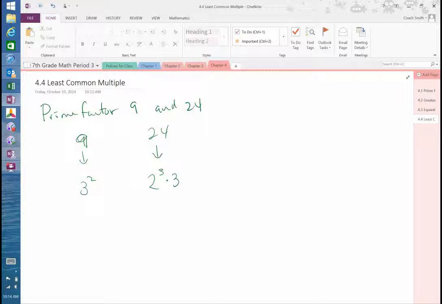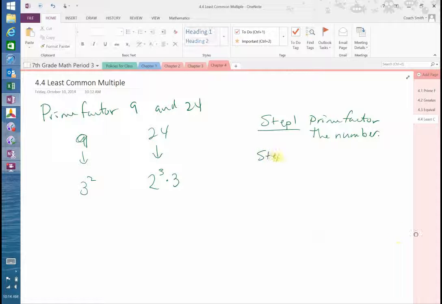All right, now, to find the LCM, step 1 is do what you just did: prime factor the numbers, using either inverted division or a factor tree. I don't care, we're just trying to get to the prime factorization.